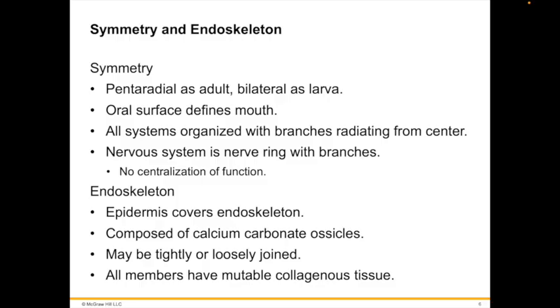This fluid-filled system, called a water vascular system, is a modification of one of several coelomic spaces and is composed of a central ring canal from which radial canals extend. Although an excellent fossil record extends back into the Cambrian period, the origin of echinoderms remains unclear.